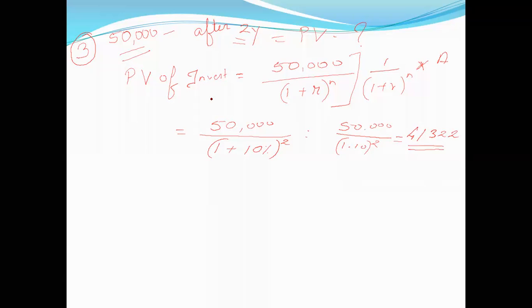So this is the present value of 50,000. And when do we require this 50,000? After 2 years. So after 2 years of investment, you should give that person 50,000 rupees, and the present value of that 50,000 today is 41,322 rupees. Getting it? Any doubts here? Okay, now step number 4.